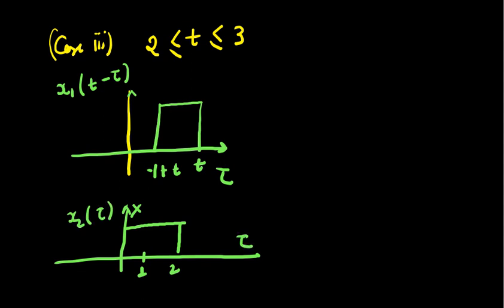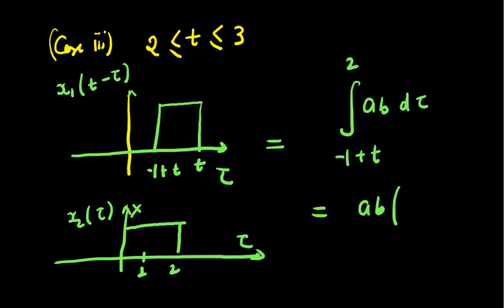Correct? You multiply and then integrate, so your limit of integration will be minus 1 plus t to 2. Correct? The only focus should be given to the limits of integration here, right? A into b d tau, what would you get? ab into, did I do something wrong?